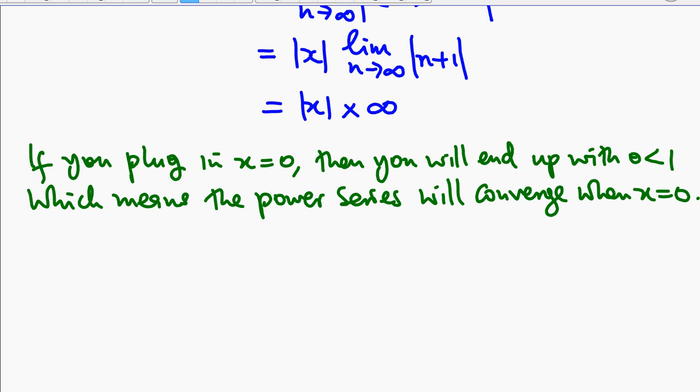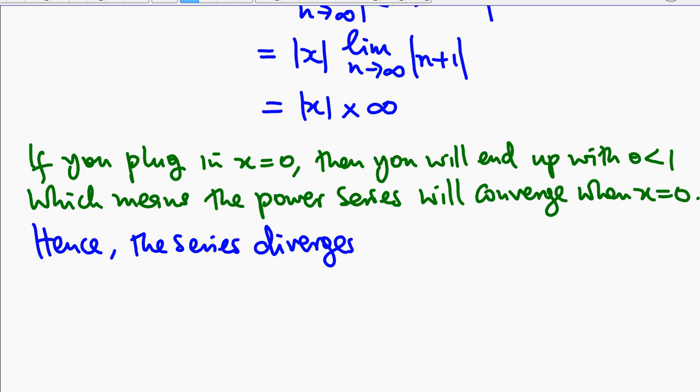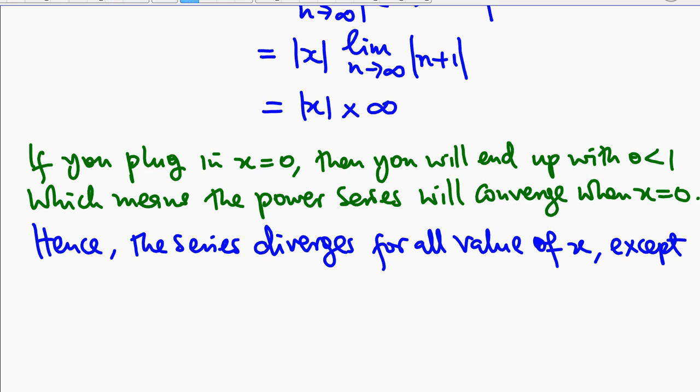All right. So we'll say, hence, the series diverges for all values of x except when x is equal to 0.